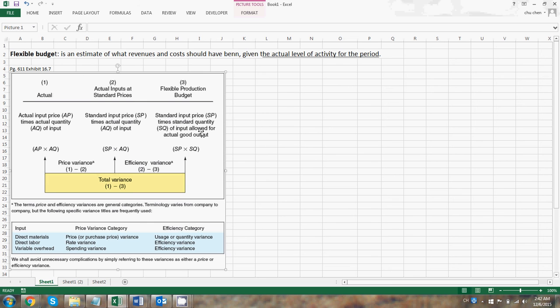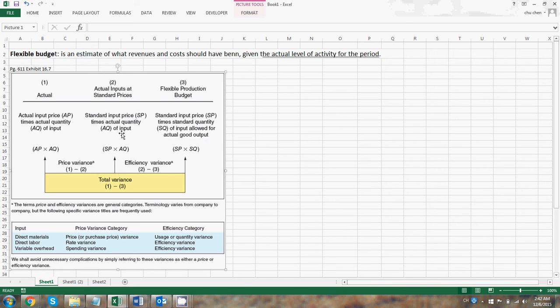SQ means standard quantity of inputs allowed for actual good output. So going back to the example I just gave you, 2,000 laptops.